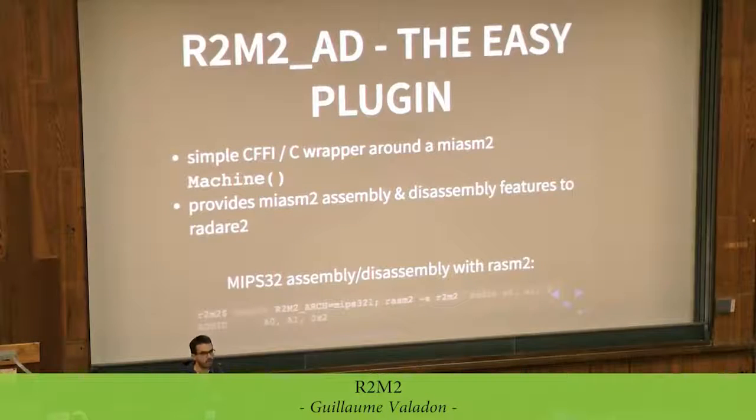The easy one is just a wrapper using CFFI, so I'm calling Python from C. That's a bit ugly, but it works. It takes a lot of memory, but it's kind of okay. And here I'm using the R2M2 architecture to assemble, then disassemble the instruction. So it works.